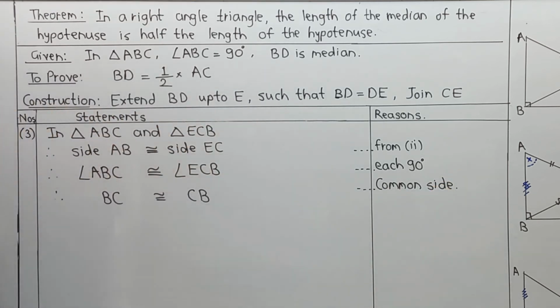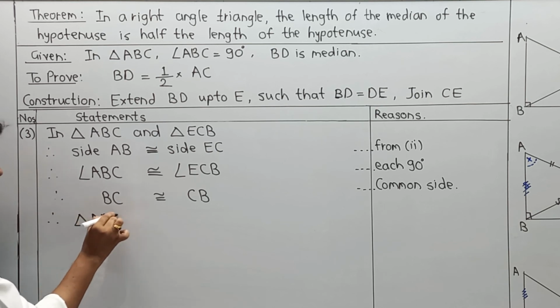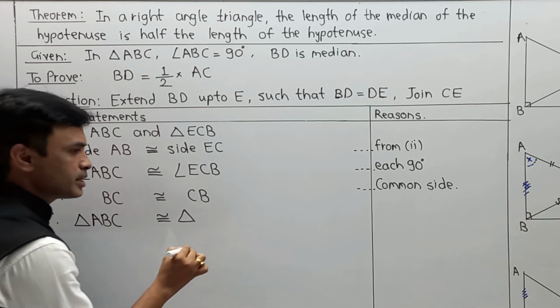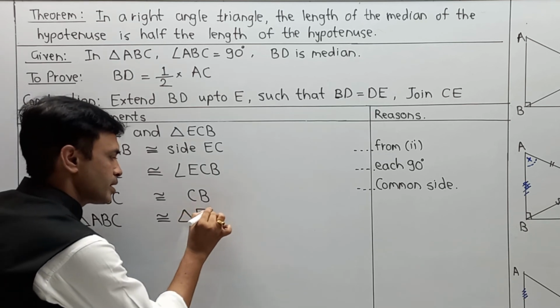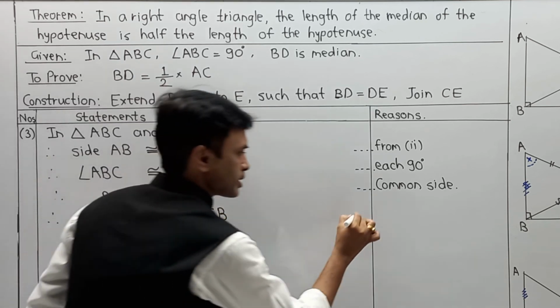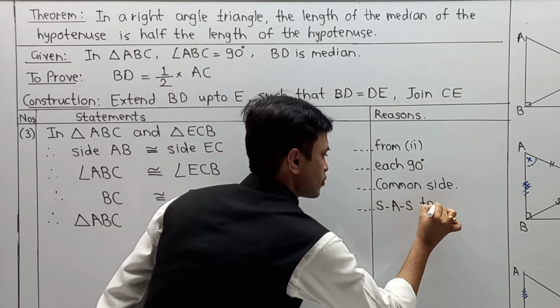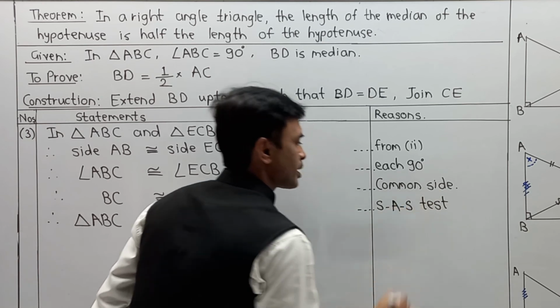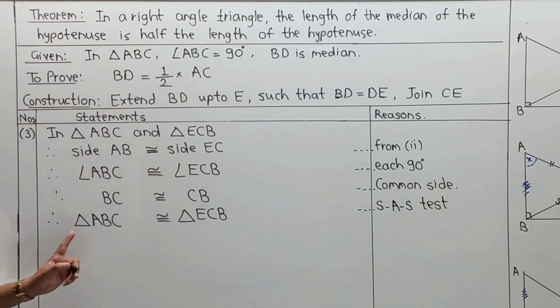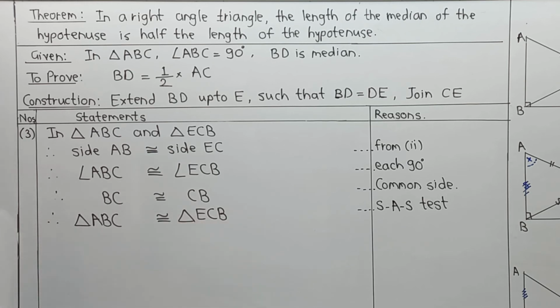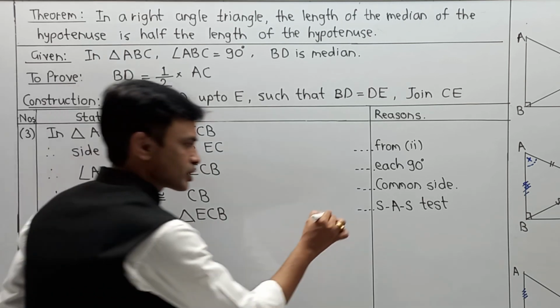Therefore, triangle ABC is congruent with triangle ECB by side angle side test of congruency. And in this way, the first part, triangle ABC is congruent to triangle ECB, is completed. I am going to call it equation number 4.